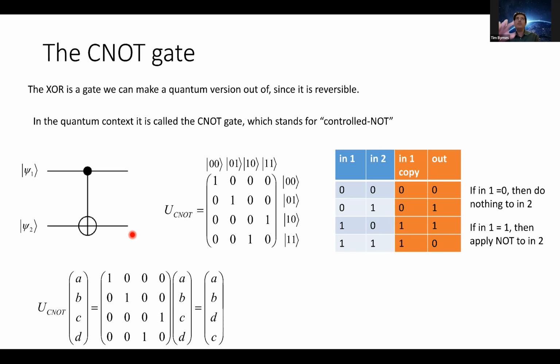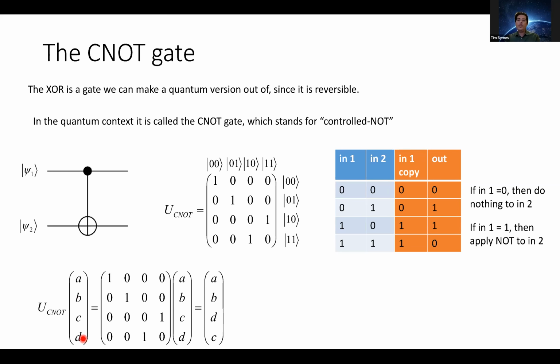So instead of if 0 or if 1, you can have a superposition of both 0 and 1. And in quantum mechanics, it would act differently on different terms in the superposition.